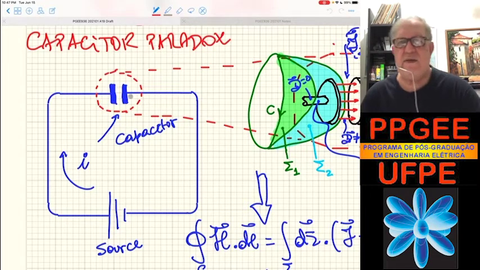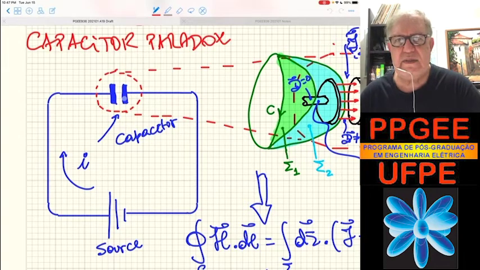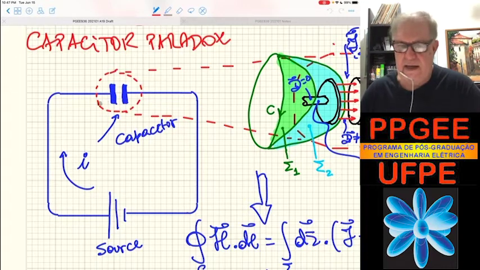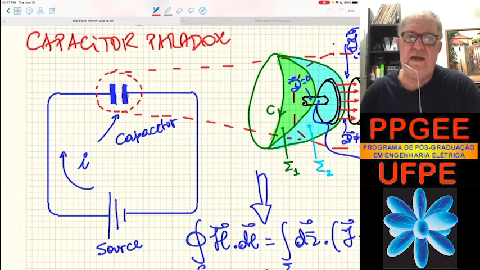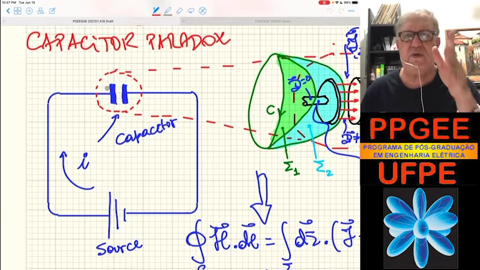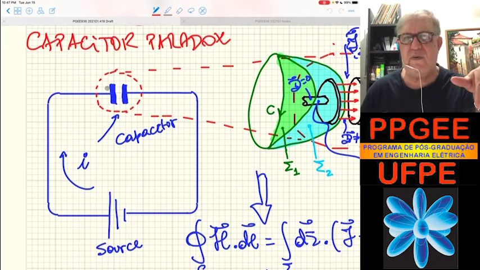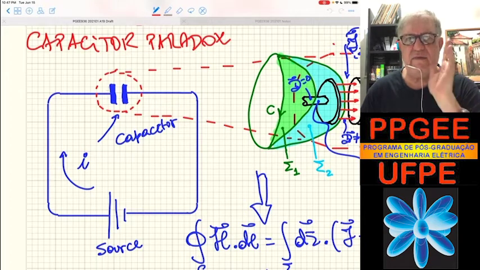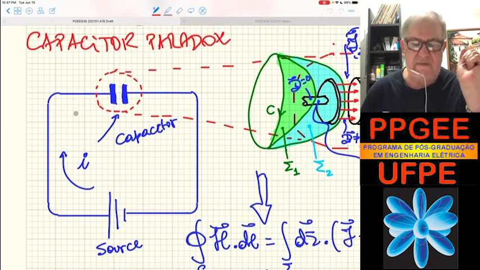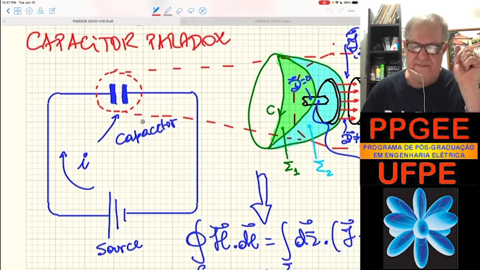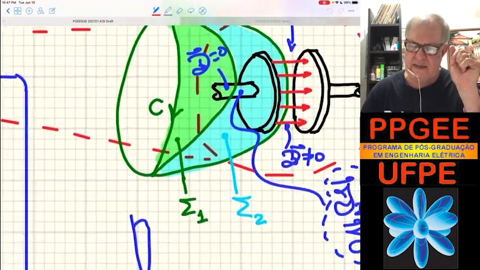In the DC regime, for a constant I, we know that the current doesn't flow, right? You just charge the positive electrode, and no further current until the transient is finished. After the transient, you have zero current. But for time-varying current, we know that the current flows in a circuit that has a capacitor, right?